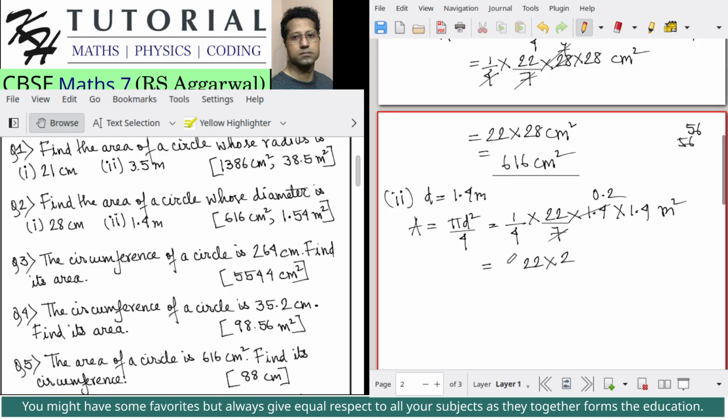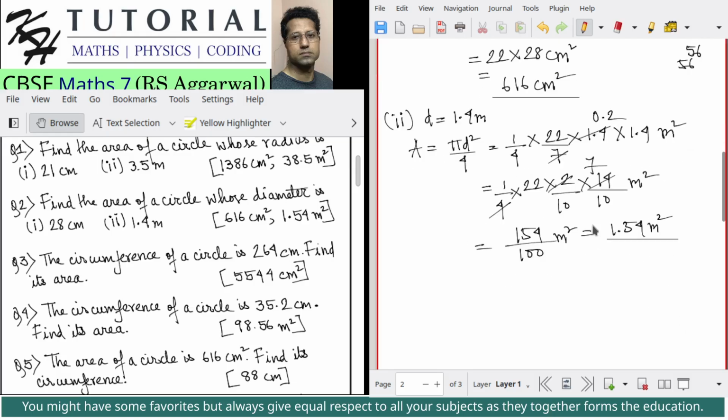So we have 1 by 4 multiplied by 22 multiplied by 0.2, which is 2 by 10, multiplied by 1.4, which is 14 by 10, this much meter square. So this is equal to, this cancels with 7, and we have 154 by 100 meter square, which is equal to 1.54 meter square. Okay, let's see the next problem, question number 3.